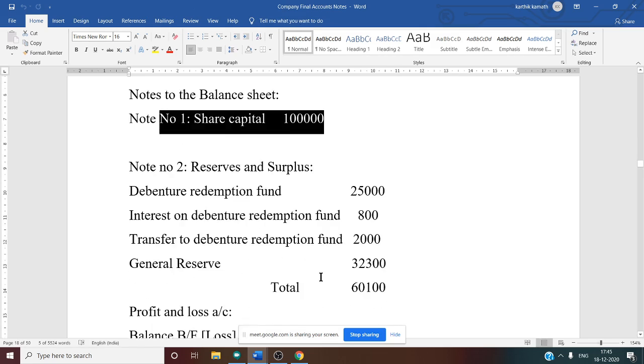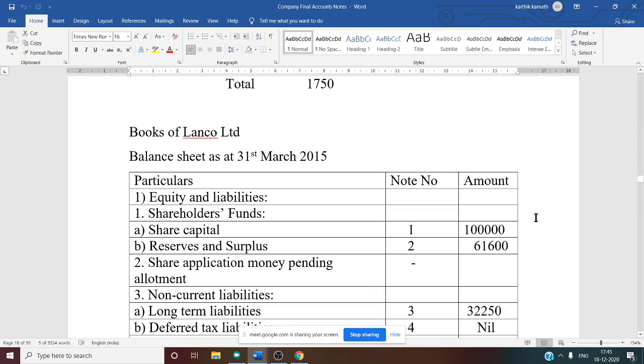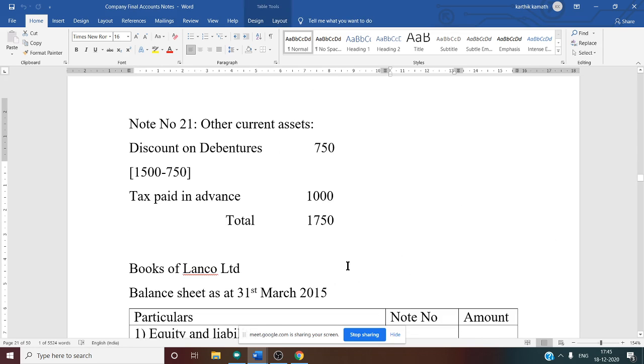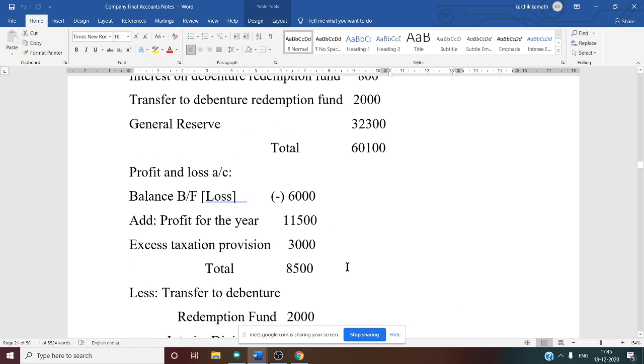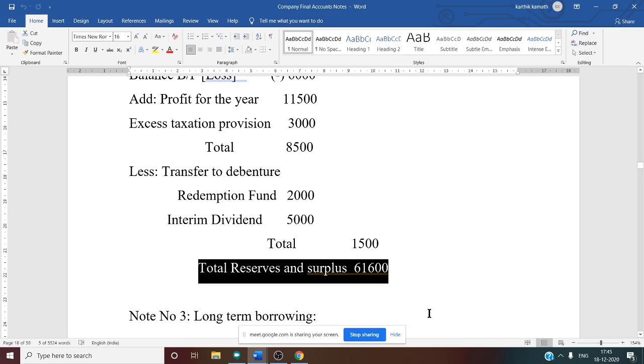By seeing the working note, you can write the amount in the format. So working note number 1, share capital 1 lakh. Now, second one is reserves and surplus, working note number 2. If you see the working note number 2, there we got final reserves and surplus total. See this, final reserves and surplus total 61,600.